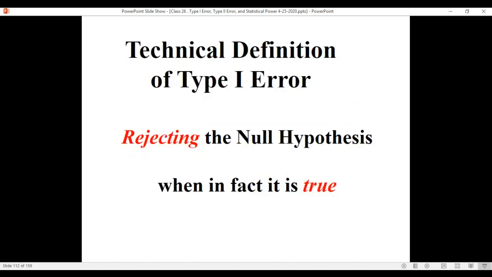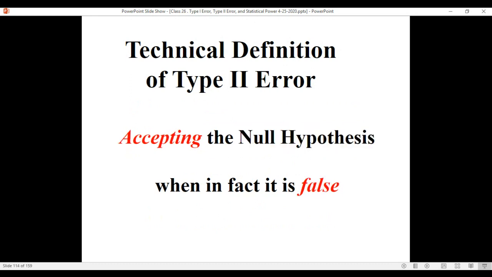So here's the definition of type 1 error again. And I want you to notice it's about the null hypothesis. Now, here's the technical definition of type 2 error. And I want you to notice that it also is about the null hypothesis.